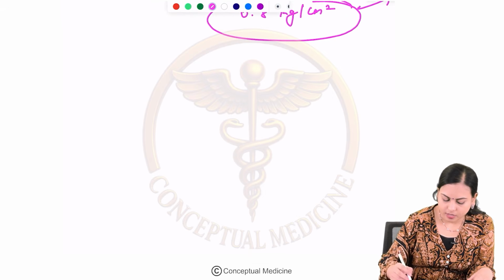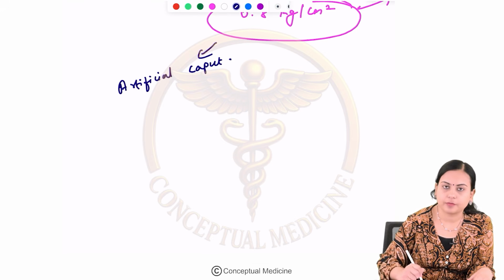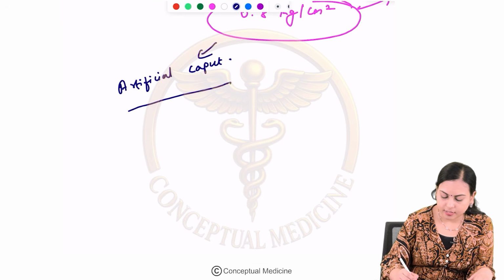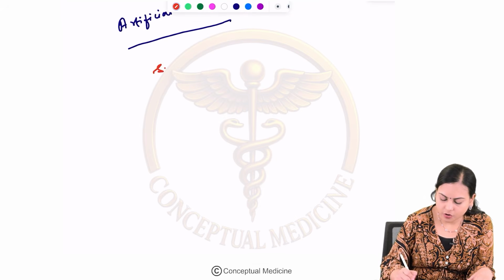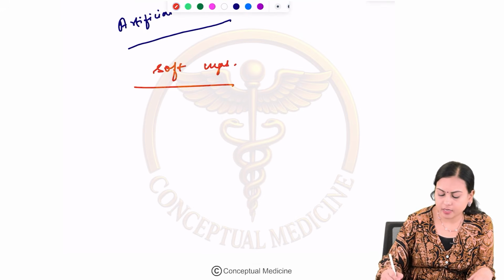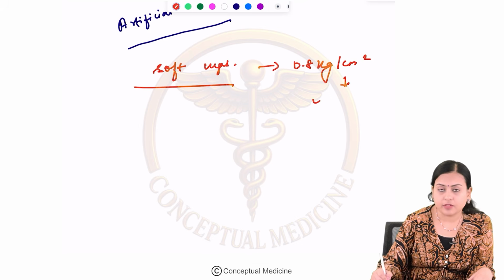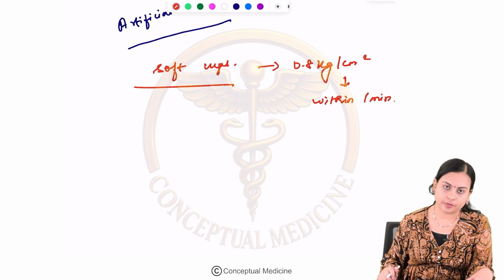Clear? So, what will happen is, with this pressure, there will be creation of an artificial caput within the cup. And with soft cups, the negative pressure can be increased up to 0.8 kilogram per centimeter square even within 1 minute. So that is the advantage of the soft cups again.